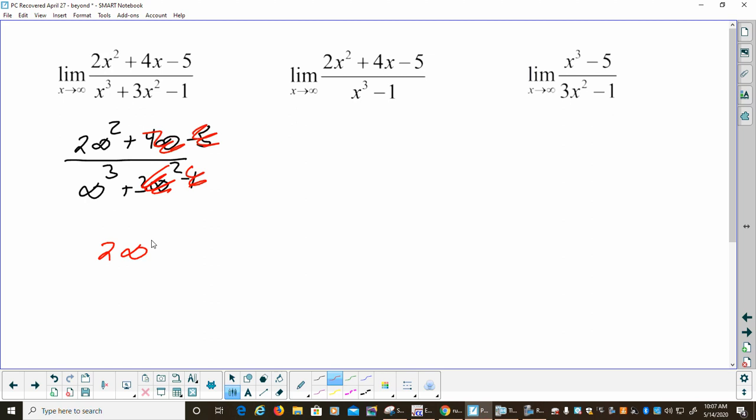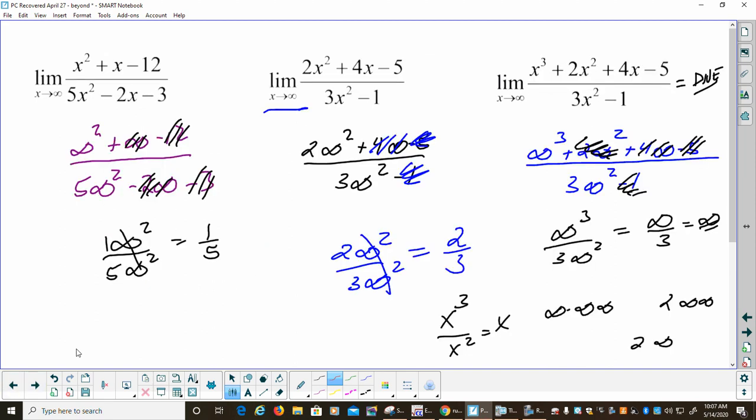You're left with 2 times infinity squared over infinity cubed. This will reduce to 2 over infinity. What is 2 divided by a ginormously huge number worth? 0.